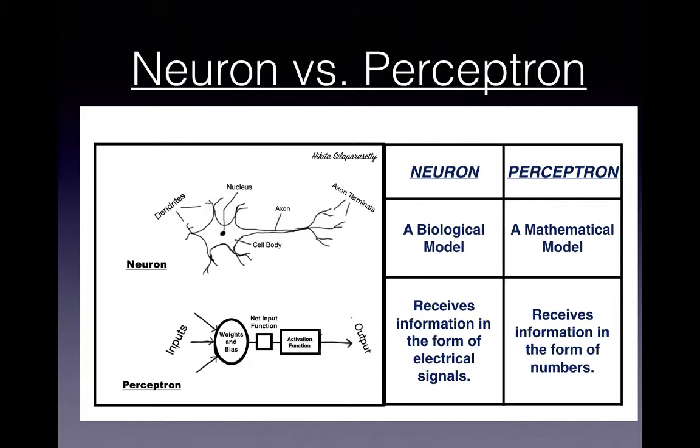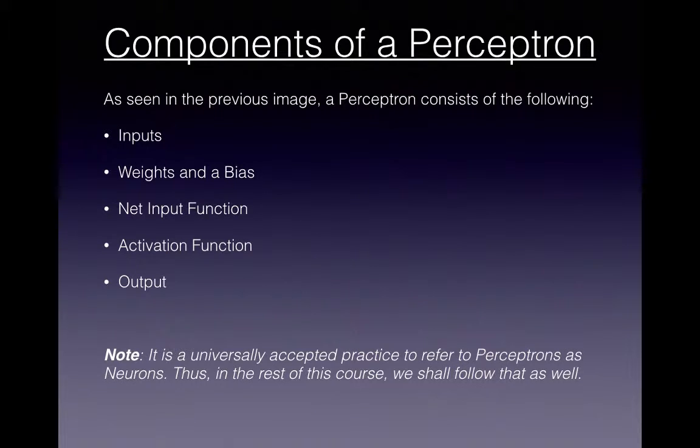Next, we have the net input function, which is an equation that performs calculations on the inputs and the 2 parameters. The output of this is passed on to the activation function, which then gives us the final output. Now, one very important thing to note here is that it's universally accepted to refer to perceptrons as neurons. Thus, we will be following that as well.